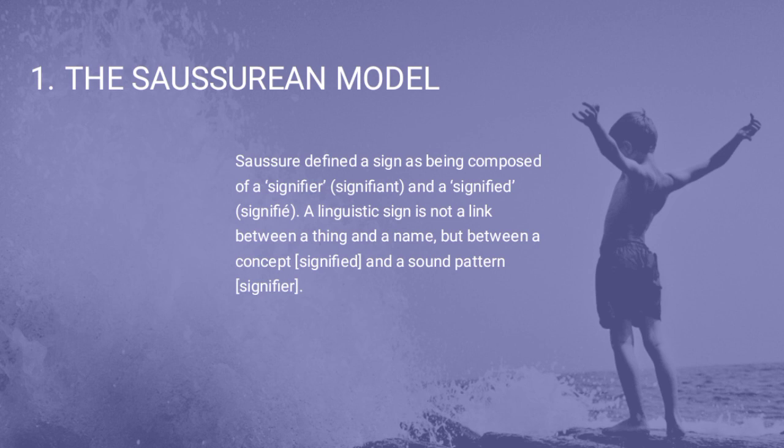So first, the Saussure model. Saussure defined a sign as being composed of a signifier and a signified. A linguistic sign is not a link between a thing and a name, but between a concept, the signified, and a sound pattern, the signifier.